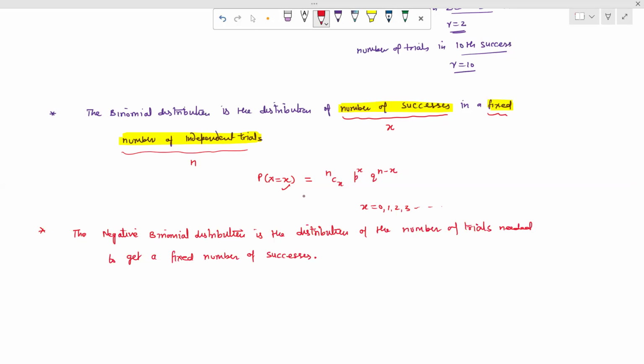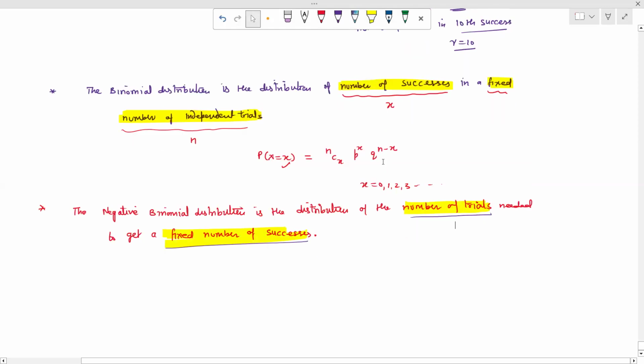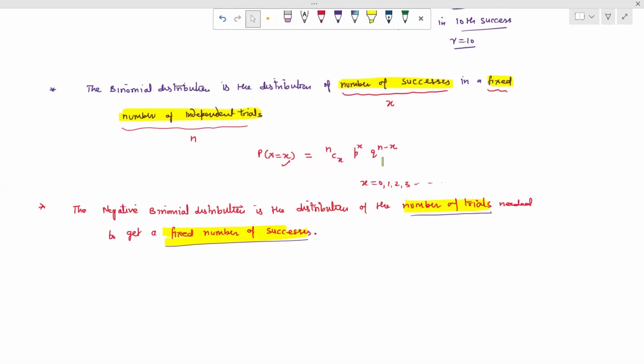You can compare these two definitions. One is the distribution of the number of trials needed to get a fixed number of successes. Here the success is fixed and we require the number of trials. But in binomial, trials are fixed and we require the number of successes. So here we denote the number of successes by r, and the number of trials by x.